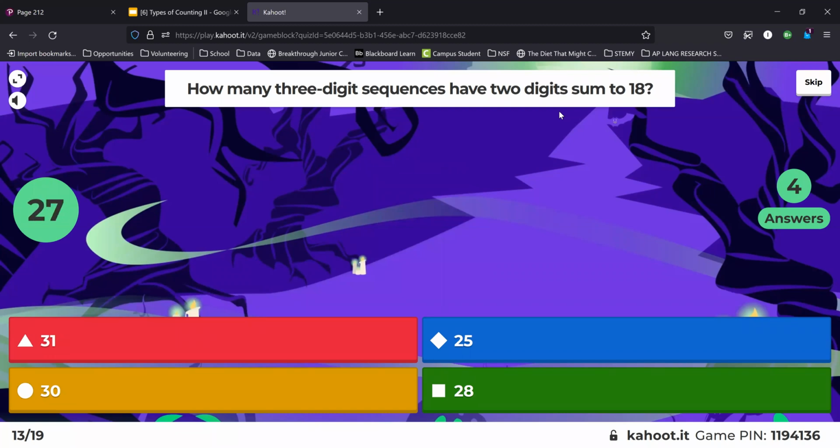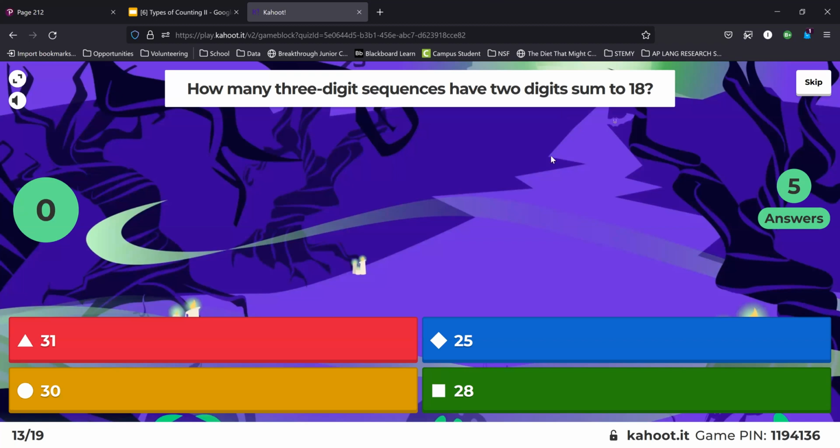Well, actually, no. They could be correct because it's not saying any specific 2 digits have to add to 18. It's saying any 2 digits. I don't think that makes sense, but this is just weird.